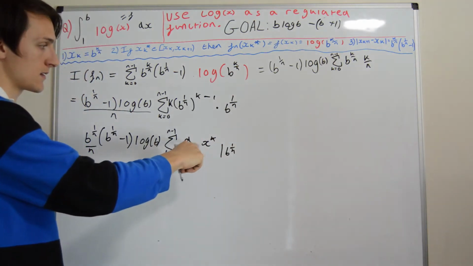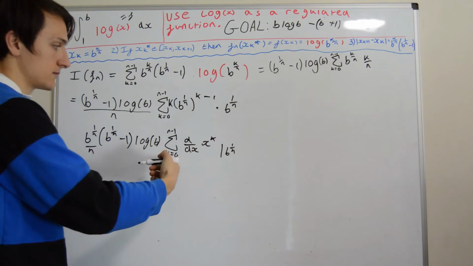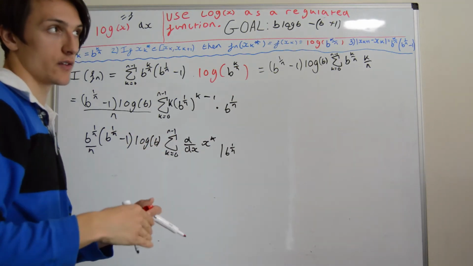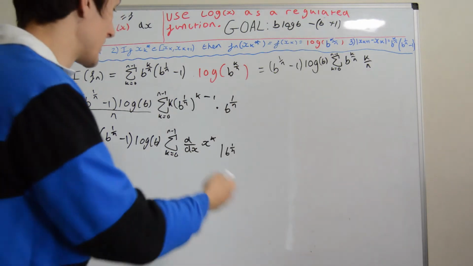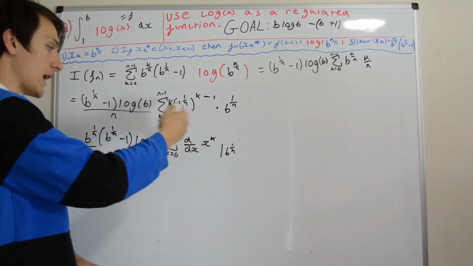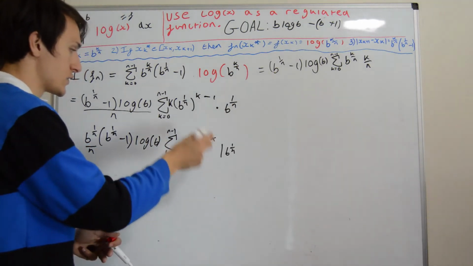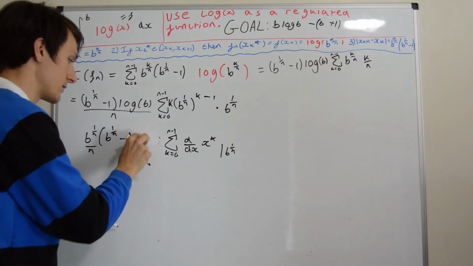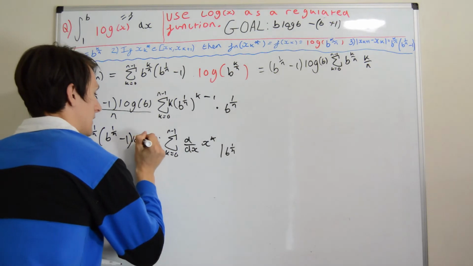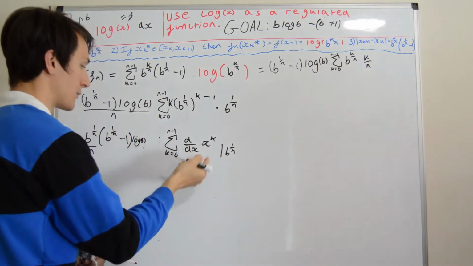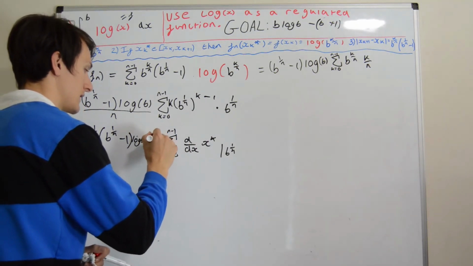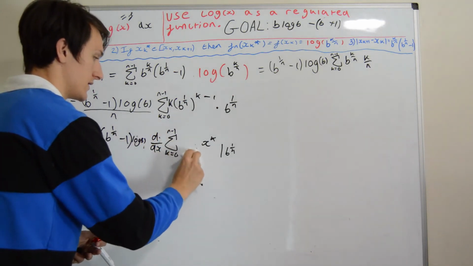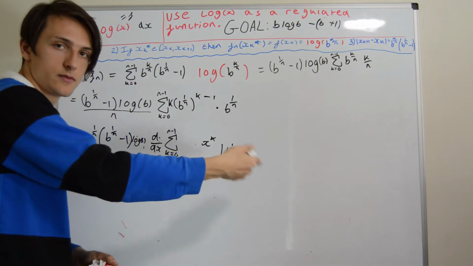And when we have a summation of differentials, we can bring the differential operator out to the front. So I can switch the order of these, and let me rewrite that a bit neater. So this is log b, and I can bring the differential operator out to the front. So I have the differential of this thing evaluated at the nth root of b.